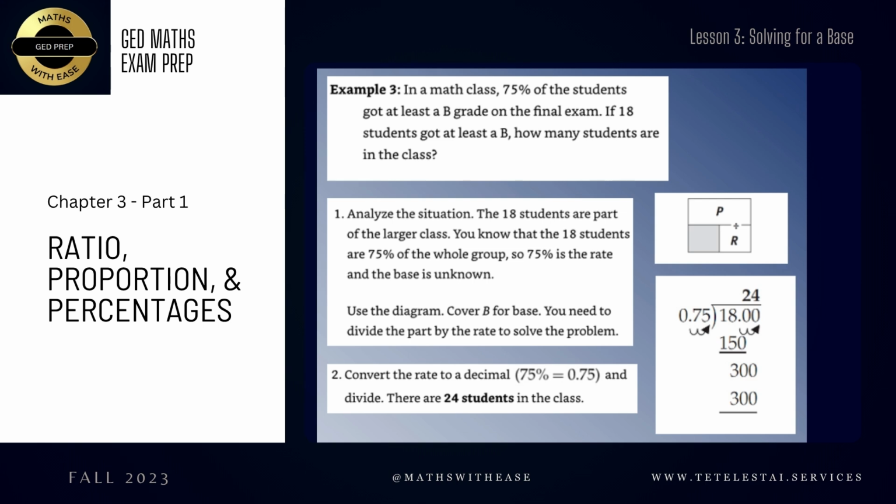And so we're done with our long division. And we can say that 75% of 18 is 24. Okay. Or you can just use your calculator and simply divide 18 by 0.75.